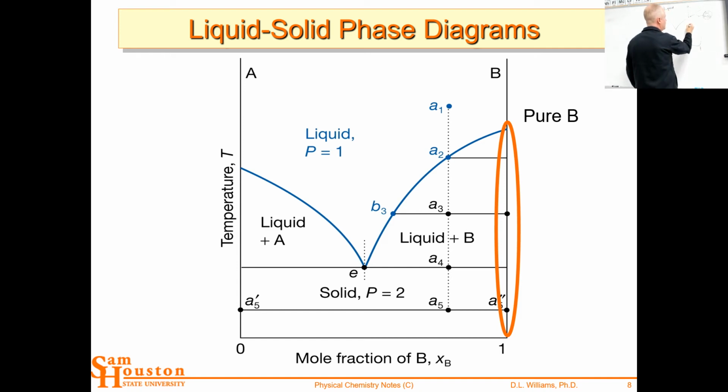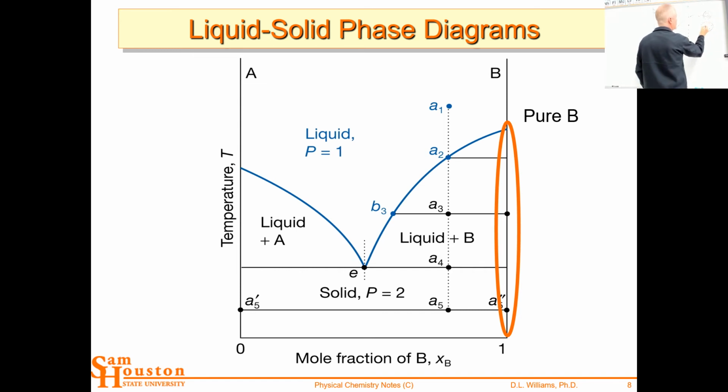And so we get to right here, and we do the tie line. And we go left and right until we hit a boundary. Either the pure substance wall over there, or one of the liquid boundaries here. Yeah, so we have B, let's draw some B up here.